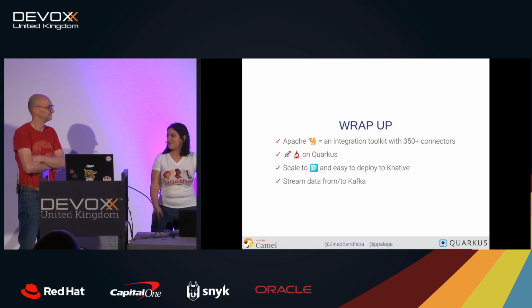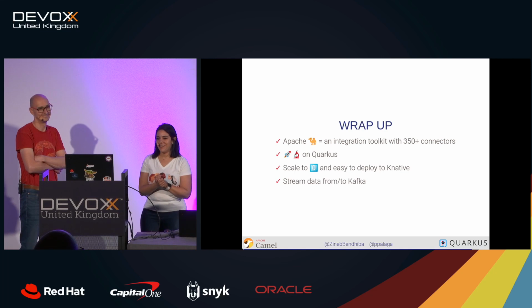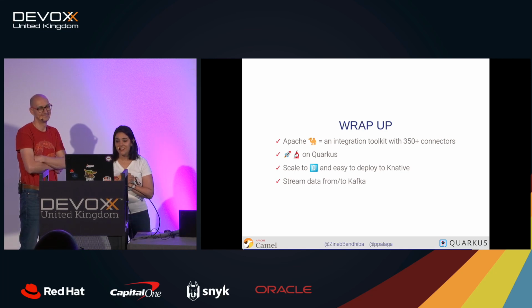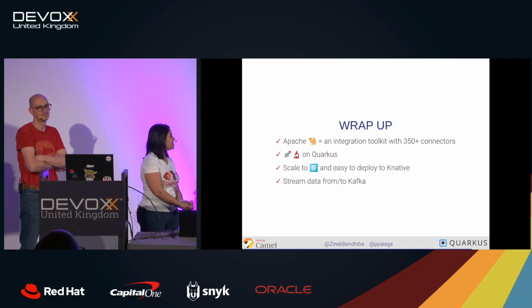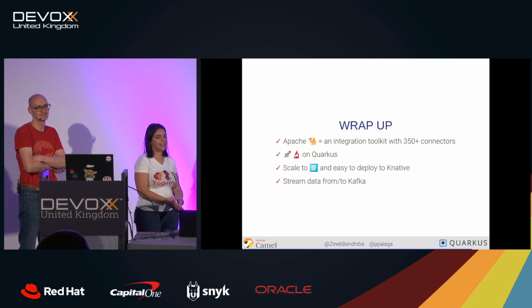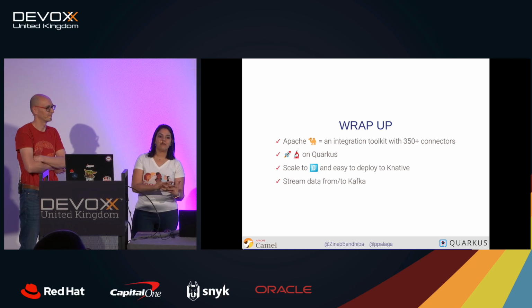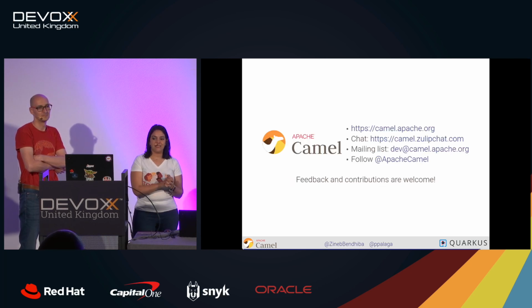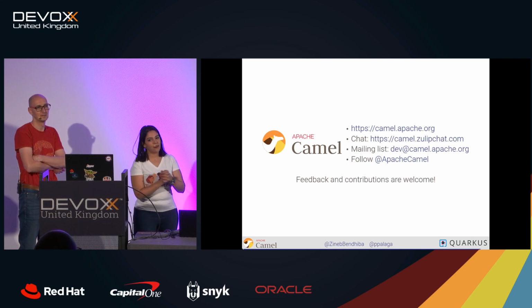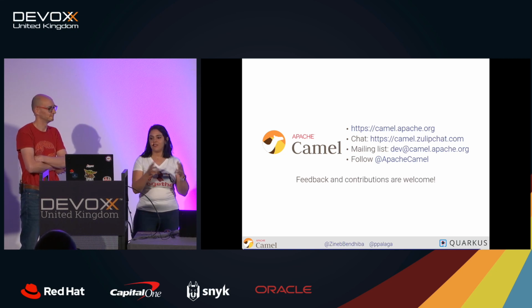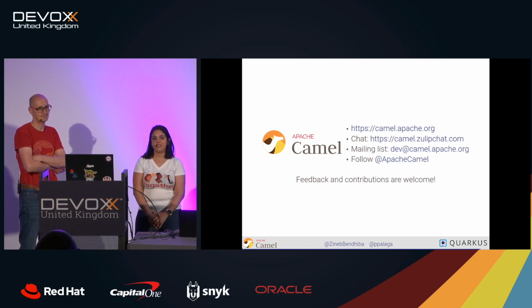It can scale to 0, and we can deploy it very easily to Knative. And we also showed that we can stream data from and to Kafka very easily. And these are some of our links, and we will put on our Twitter the link to the slides, which contains the link to the demo.